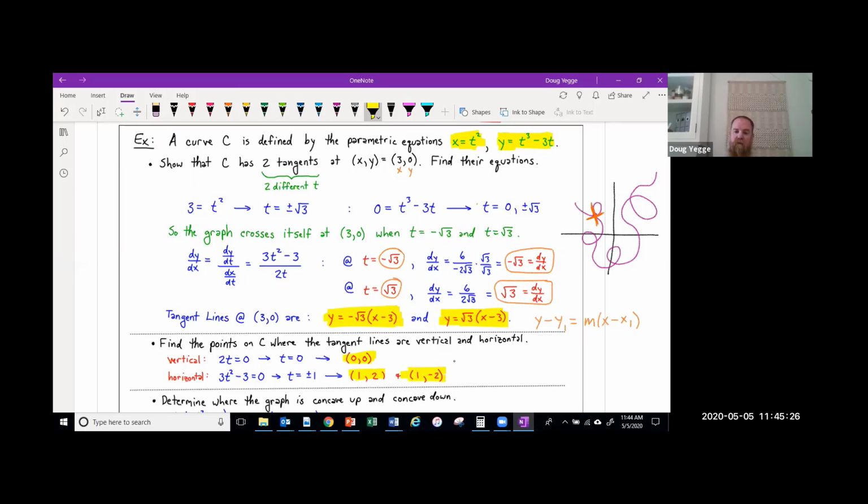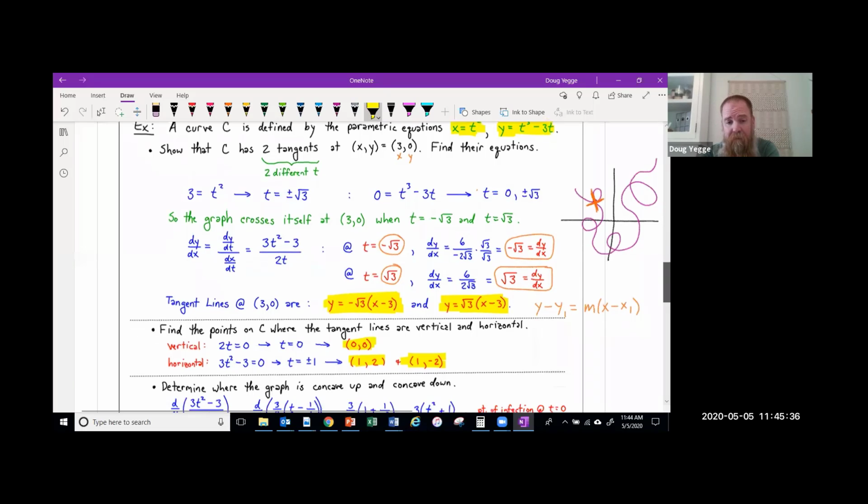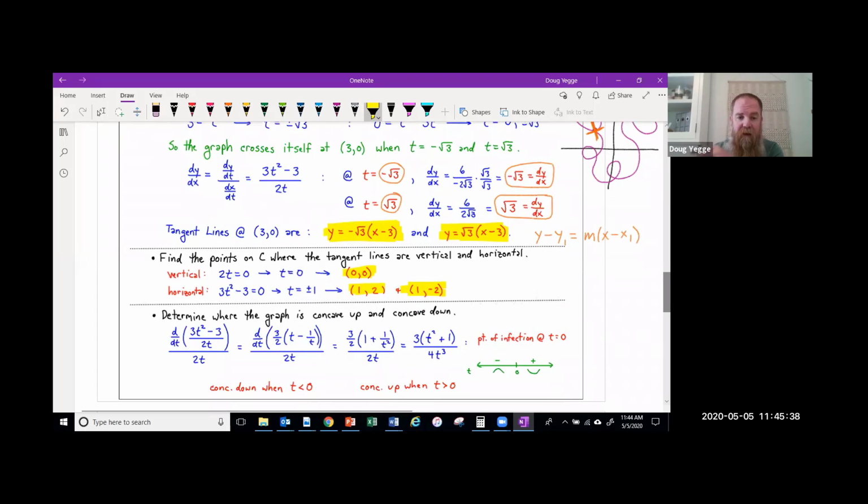Cool. How do I know where the graph is concave up? Well, we know it's concave up or down when the second derivative is positive or negative. So let's go back to that formula. Remember that formula said, let's take the derivative of the derivative and then divide by an extra dx/dt.